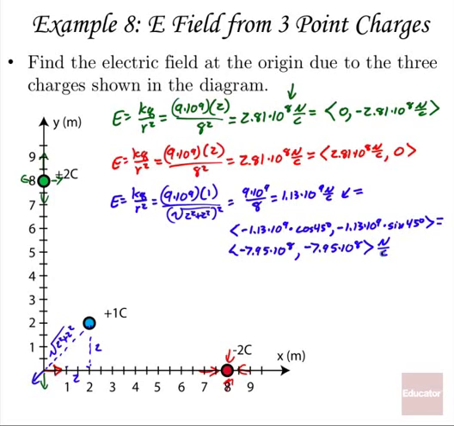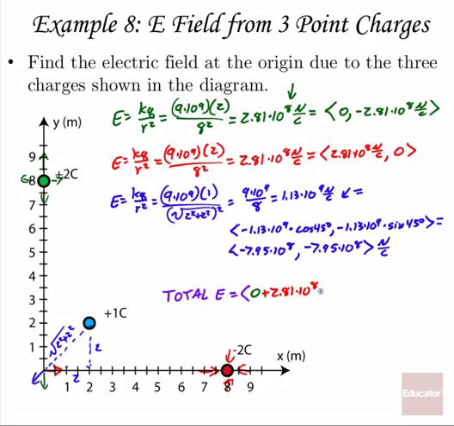So now I want the total electric field at the origin due to those three. So for the total, all I'm going to do is add up the x components and add up the y components. So my x components, I have 0 from the green charge. I have plus 2.81 times 10 to the 8th from the red charge.